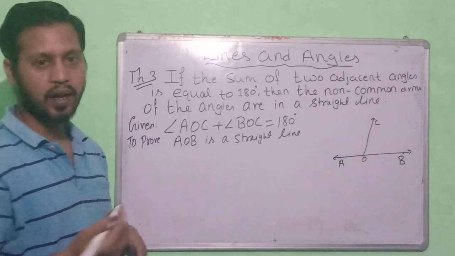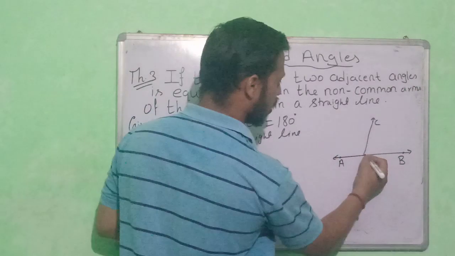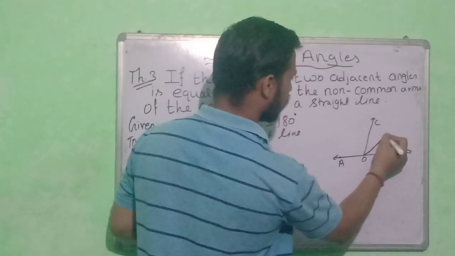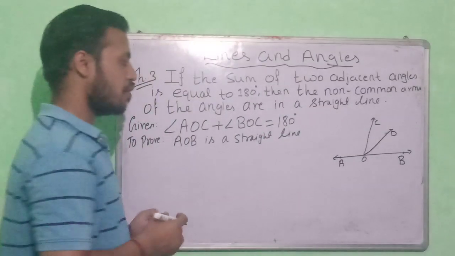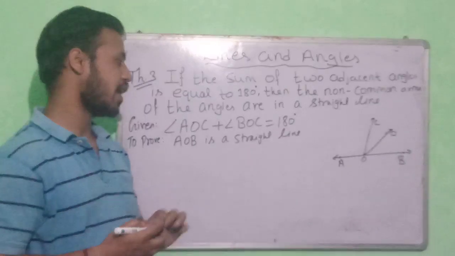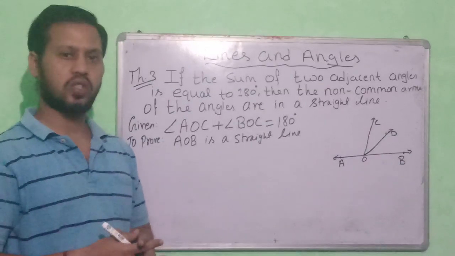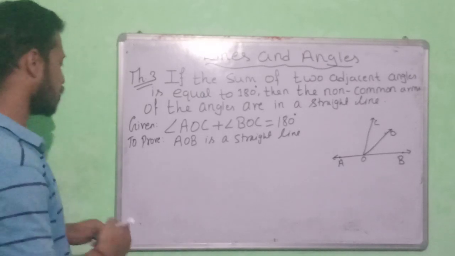We will draw another ray from this point O. We can name this point D. We will assume that this AOD is a straight line. This is our assumption.